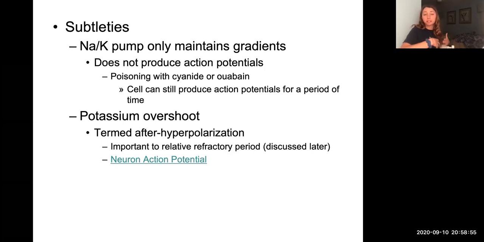So if it's a very big stimulus, it would go right back to threshold and do another action potential very quickly. But sometimes it's not a very big stimulus, so it will go under -70, and then the sodium potassium pump will reestablish gradients. I hope I didn't confuse anyone there. But it says discuss later, so we'll discuss it later.